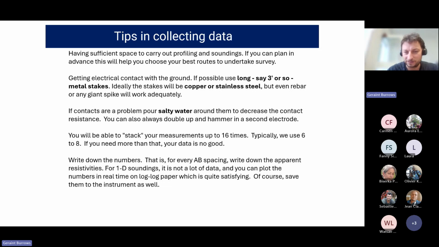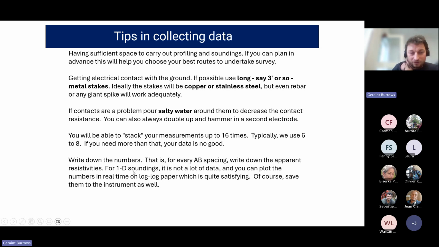If you have to stack more than between 6 to 8 times, then the chances are that you're not getting a good contact with the ground, that the data's no good somehow. So you would need to relook at those electrodes and do that measurement again, because you should be able to get a good average measurement by the time you've taken that measurement 6 times.